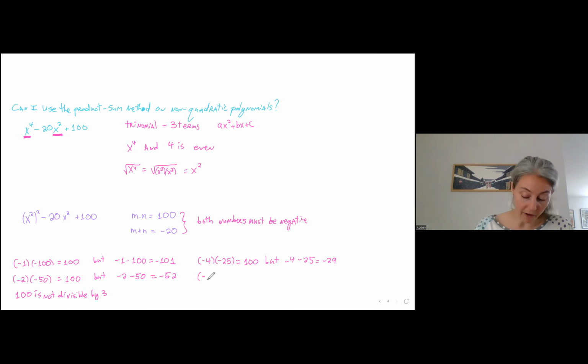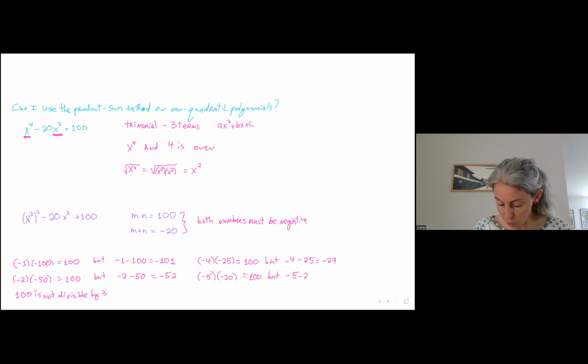So then we're going on to 5. 100 divided by 5 is 20. So this is -5 times -20, sorry, my bad. The product is 100. But the sum is -25. So we're still not at -20.